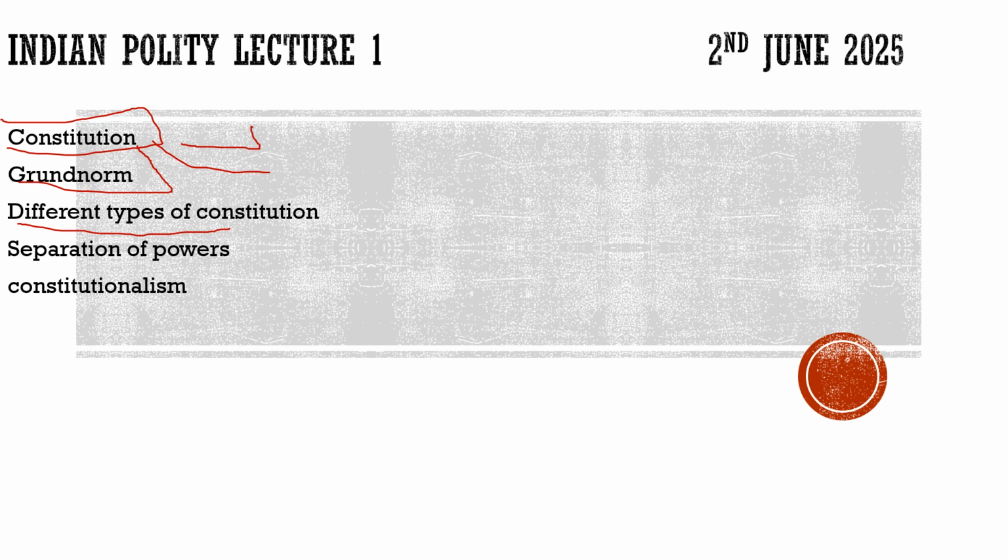Broadly, the constitution can be divided into two parts. If you look at your Laxmikanth book also, it is divided into written and unwritten constitution. So what is a written constitution and what is an unwritten constitution? What is the difference between them? Here is a simple example, understandable to everyone from the words themselves.